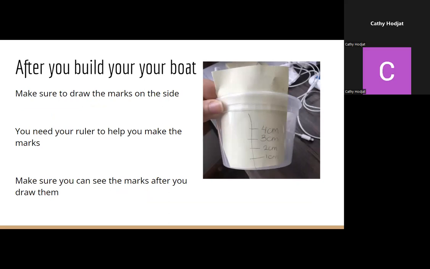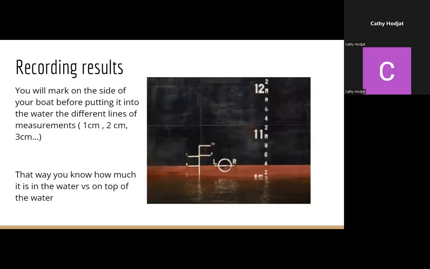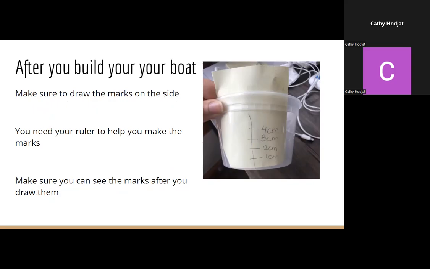So here, you know how we saw on the actual boats, how there are measurements here? When you build your boat, you could also put these kinds of measurements on it, but that depends on your material.